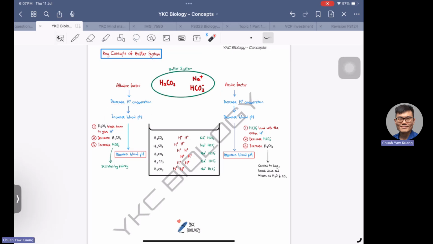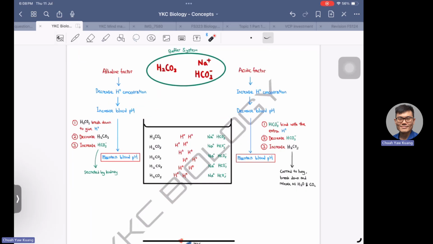Obviously, due to the alkaline factor, there will be a decrease in the hydrogen ion concentration. So let's say this is the original content of your blood to maintain the blood pH at 7.35 to 7.45. Now, due to the alkaline factor, it has decreased the hydrogen ion concentration.